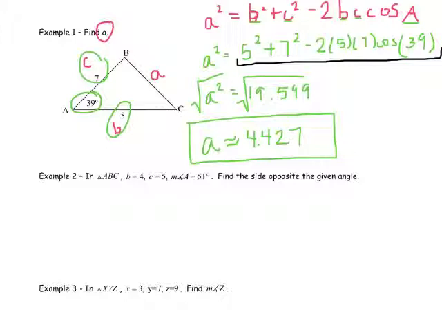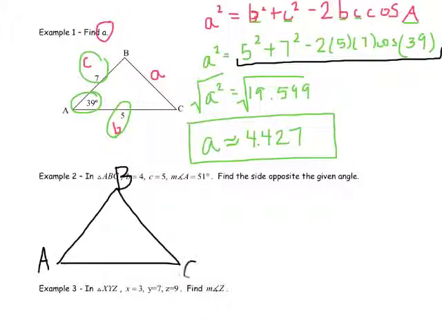All right, so let's draw a triangle again. ABC, capital A, capital B, capital C, and capital A is 51. And so this is lowercase a, lowercase b, lowercase c.